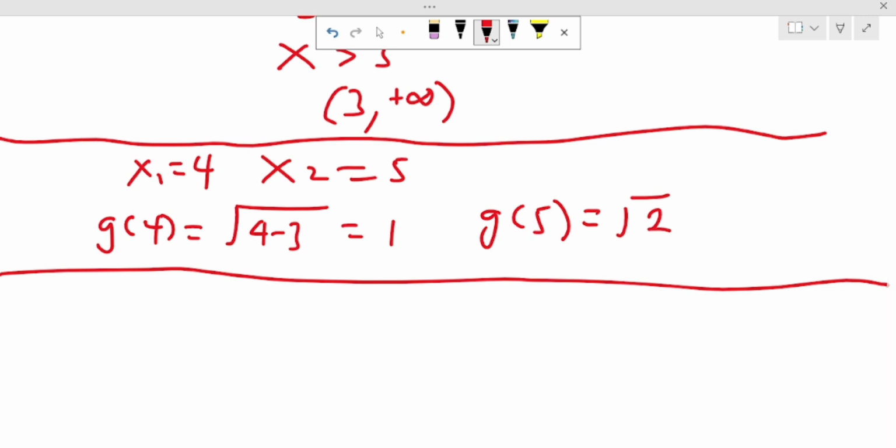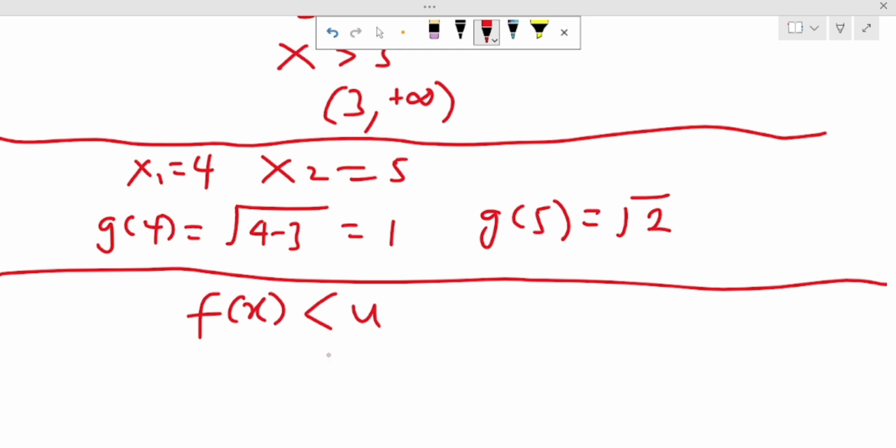A function f of x is said to be bounded when you evaluate a particular x in f of x, you get a particular answer, let's say u, and no other element in the domain when evaluated in f of x is going to give any value above or below u, depending on whether you are dealing with a lower or upper bound.